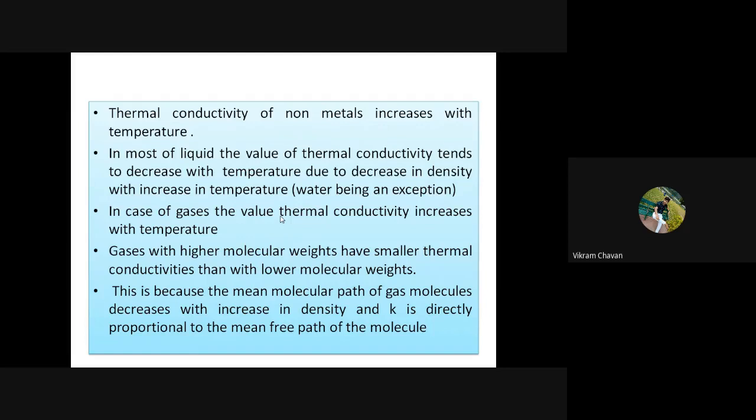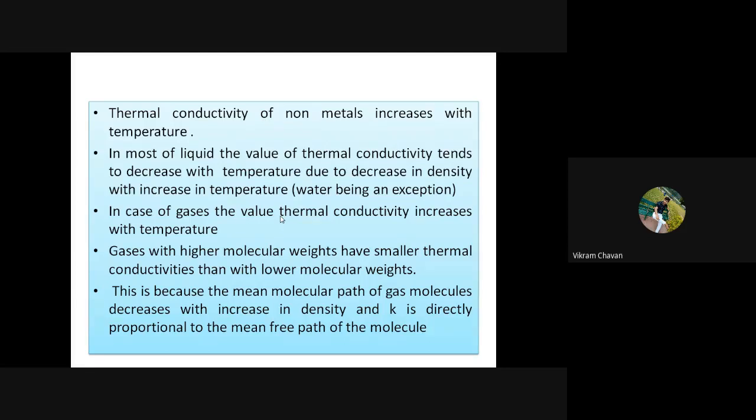If you apply your logic, in case of gases, thermal conductivity or heat transfer happens because of collisions of molecules.